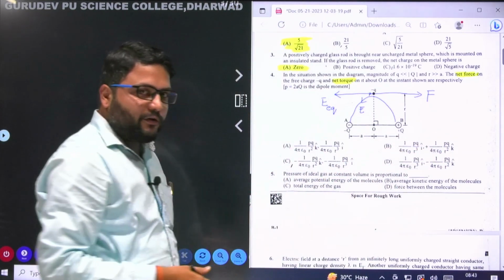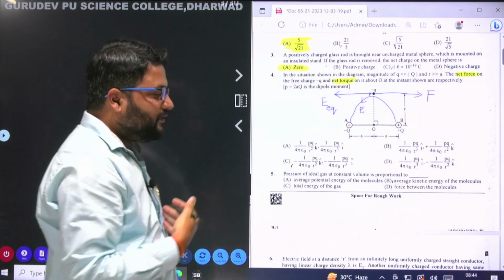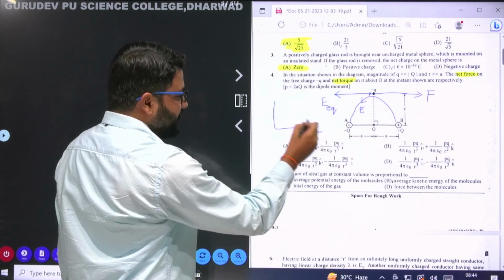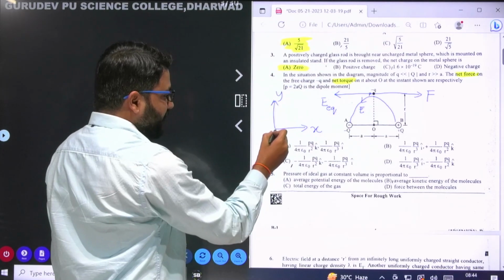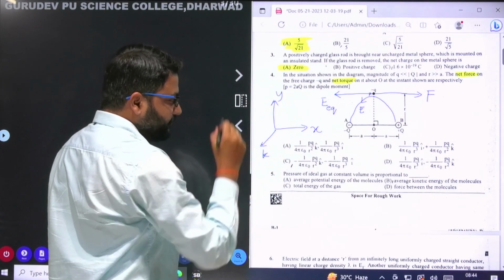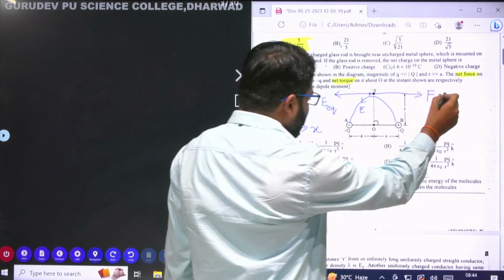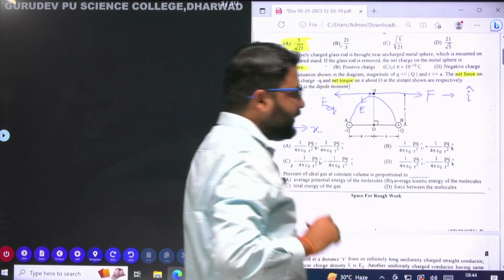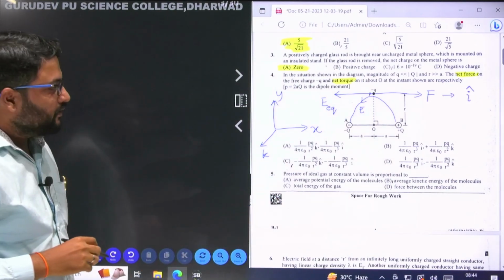But in the options, they have already provided i cap, j cap. No worries, we will assume a coordinate system like this, with the x-axis here, y-axis here, and z out of the plane. So this clearly says the force is along i cap.